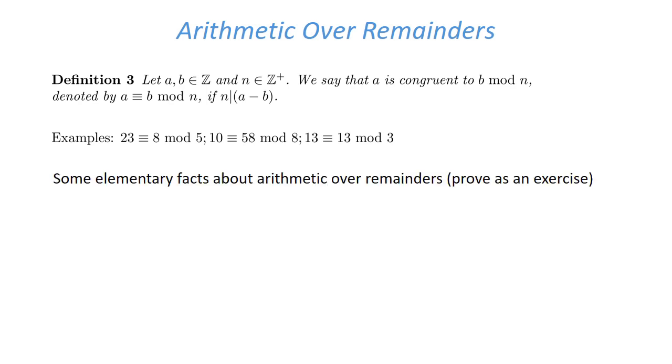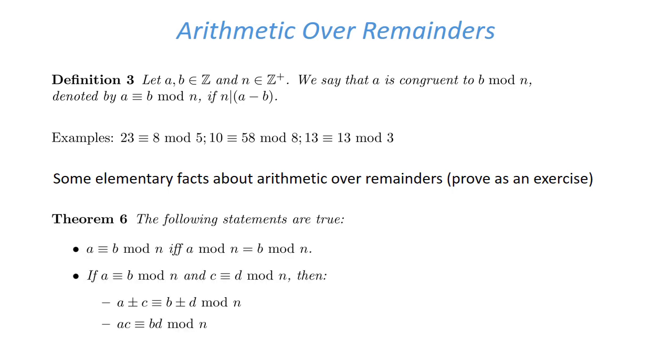We shall now begin with some elementary facts about arithmetic over remainders. The proof of this will be left as an exercise, but I will simply state the theorem here. The following statements are true. A is congruent to B modulo n if and only if A mod n is equal to B mod n.